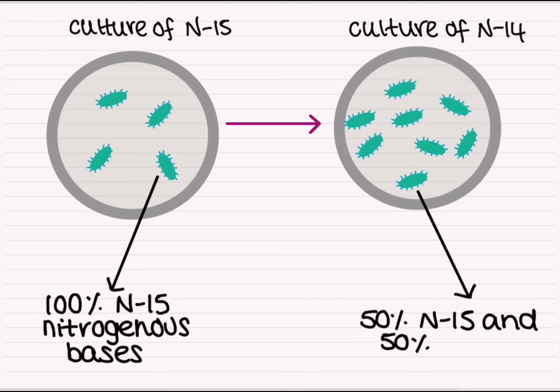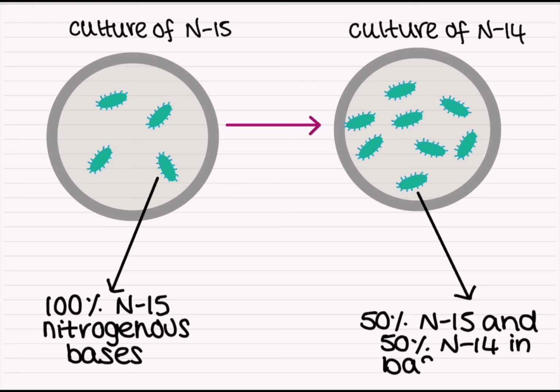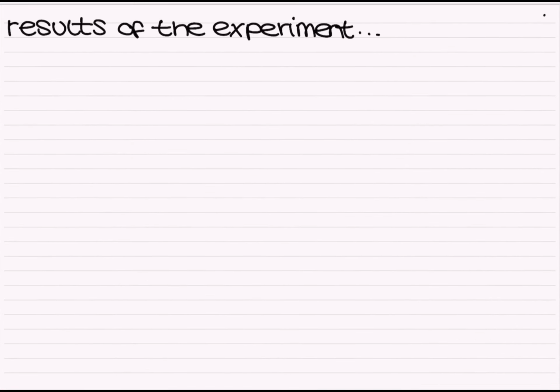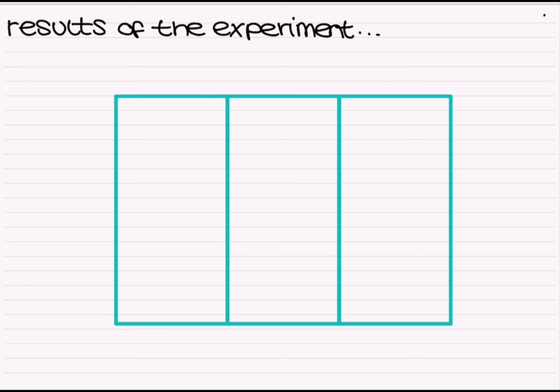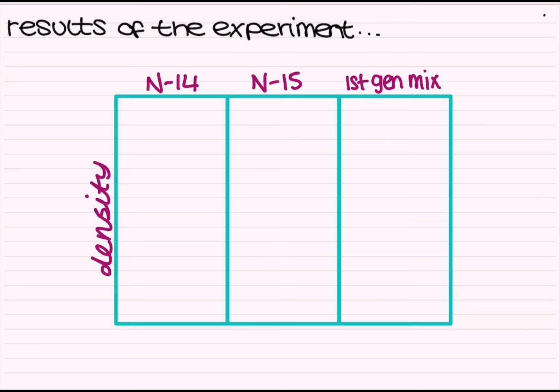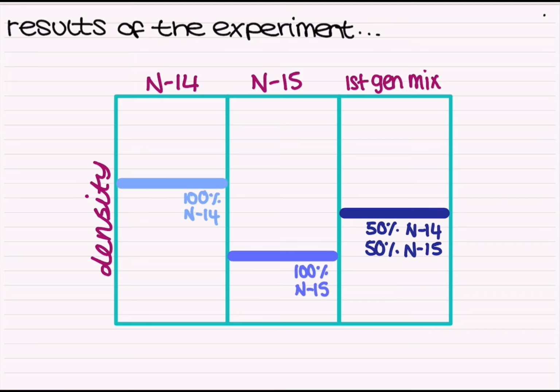They then transferred some of the pure N15 bacteria onto a medium containing only N14, and they allowed it to replicate before extracting and centrifuging the new sample. They compared the new DNA to the results of pure N15 and pure N14. The new DNA was found to have a density that was in the middle of the two pure forms.